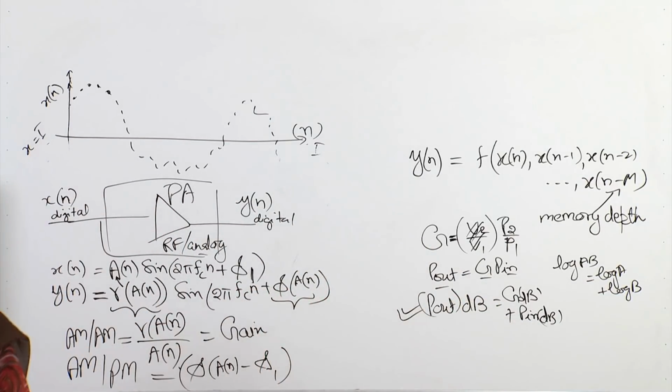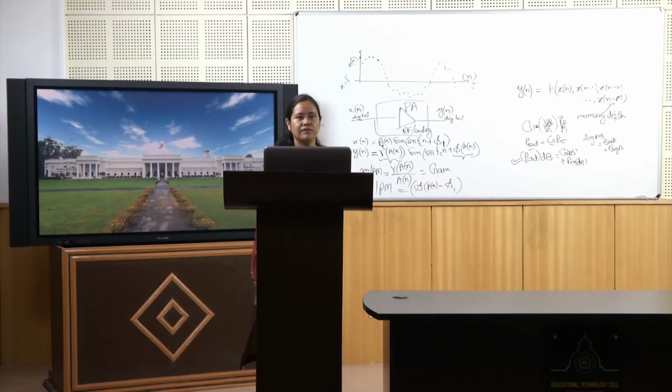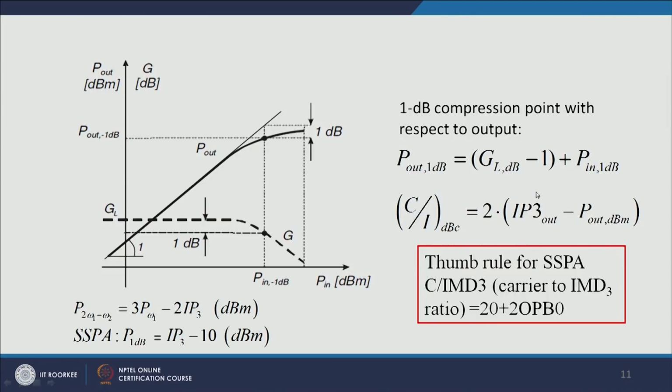Now, it might seem that we can simply get our output point of the 1 dB compression by adding the gain to the input power of the 1 dB, but that will not be true because our data has been compressed by 1 dB. So, the relation becomes: output power is equal to input power plus the gain at the small signal scale minus 1.